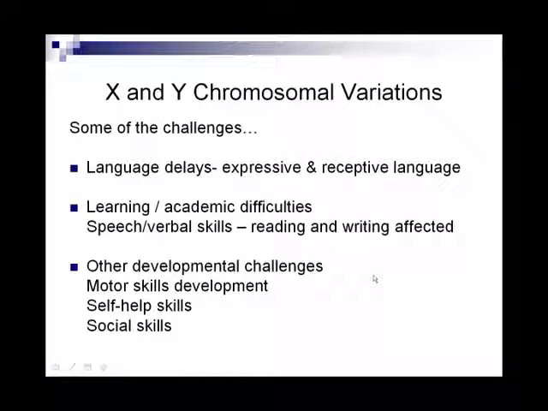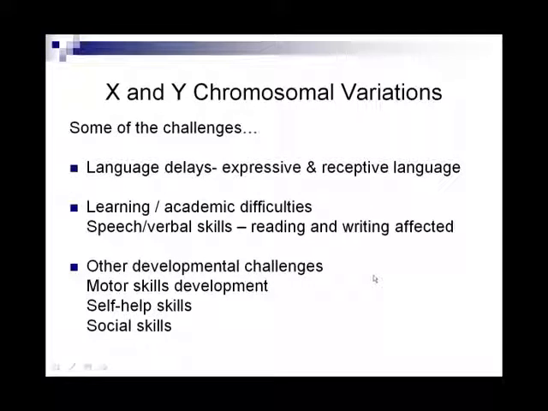So first of all, as you may all be aware of the challenges for children that have X and Y chromosomal variations, the language delays, I believe, is a big challenge, mainly for expressive language skills. Some children with these disorders develop language slower, and their expressive language is an area of difficulty.